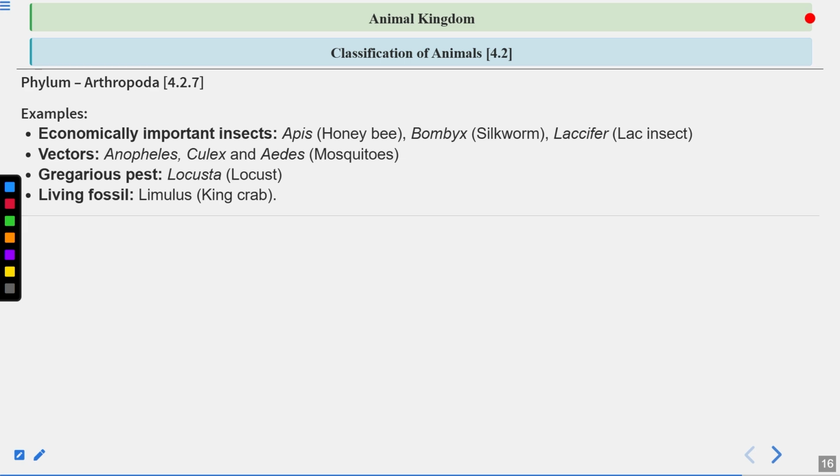When you study that organism, you can relate in which era it was formed, and since you do not see any change, you can know what type of organisms were present at that time. So this is an example that belongs to Arthropoda: living fossil Limulus, commonly called king crab.